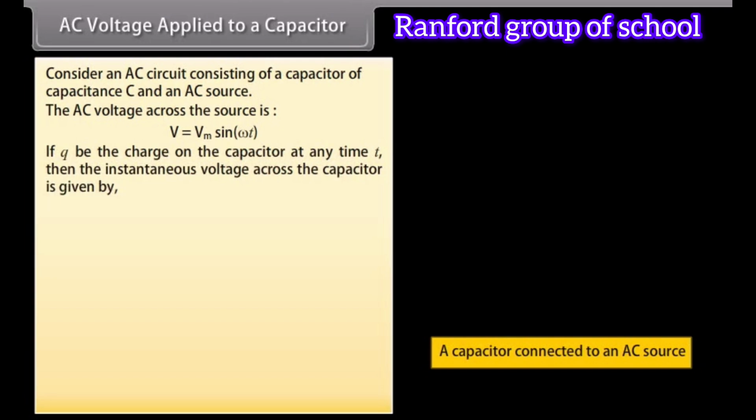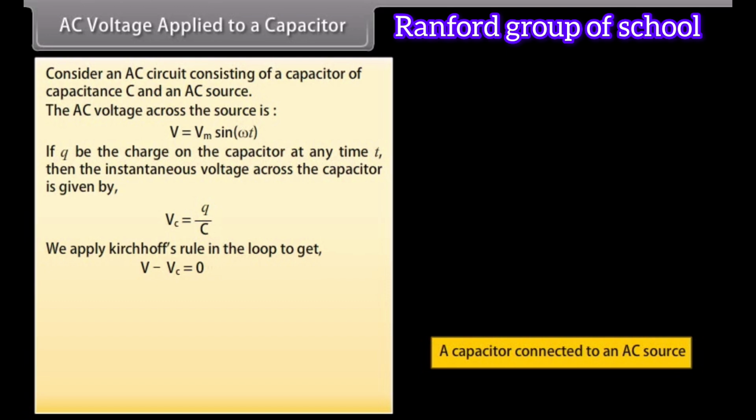If Q is the charge on the capacitor at any time t, then the instantaneous voltage across the capacitor is given by Vc = Q/C. We apply Kirchhoff's rule in the loop to get V − Vc = 0.